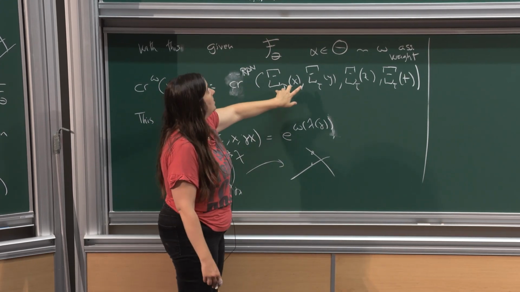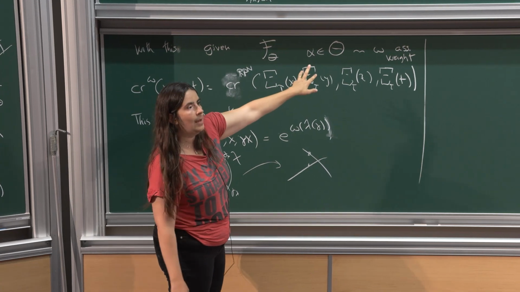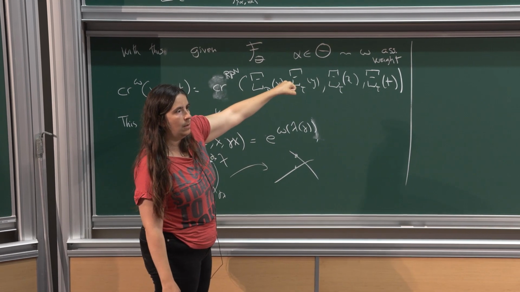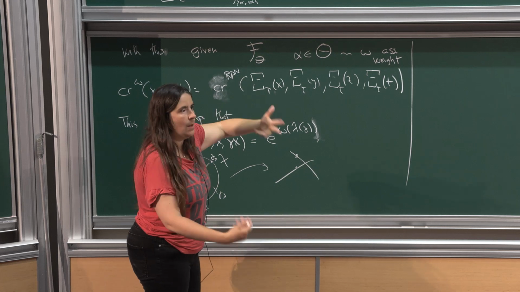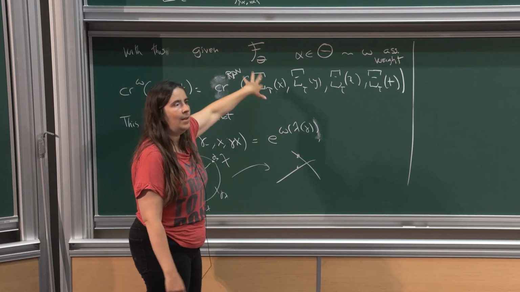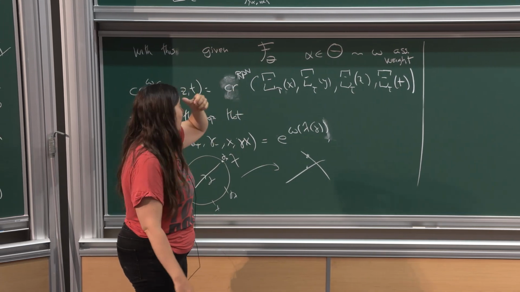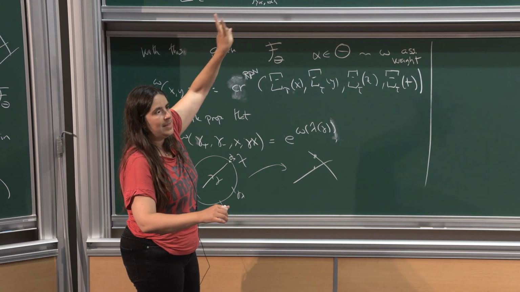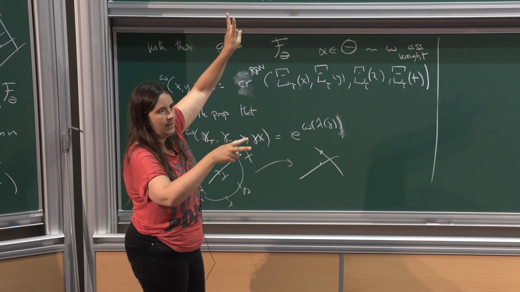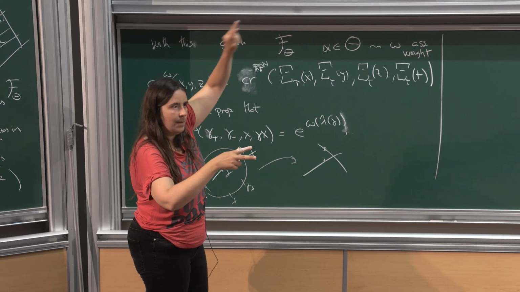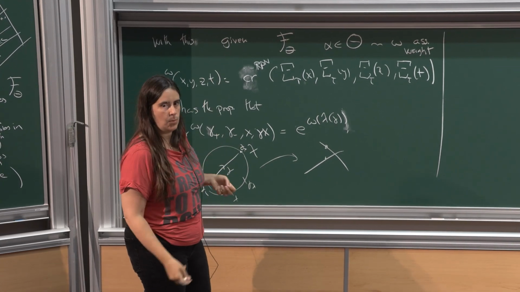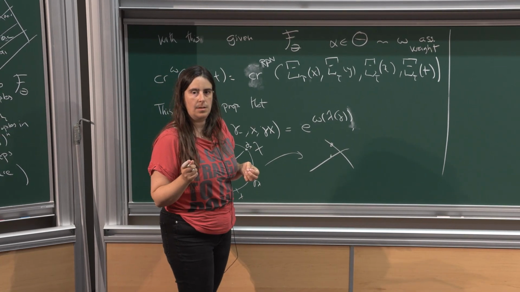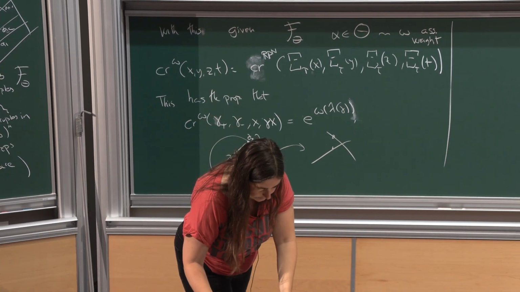I take the points of the first two flags and the hyperplanes of the other two. Ah, okay, so you project. Yeah, I do some further projection. It's just to have one single boundary map. I could think of two points in the flag and two points in the dual flag, and just get the representation in the projective space and the dual projective space and compute. Were there more questions? Okay.